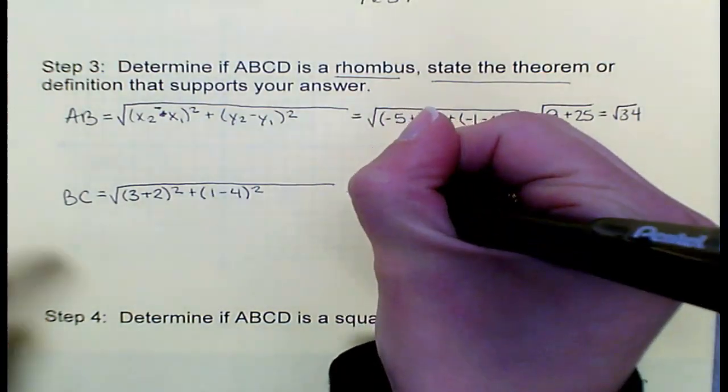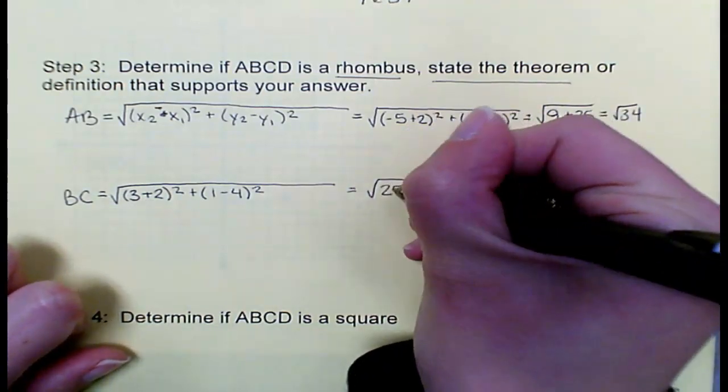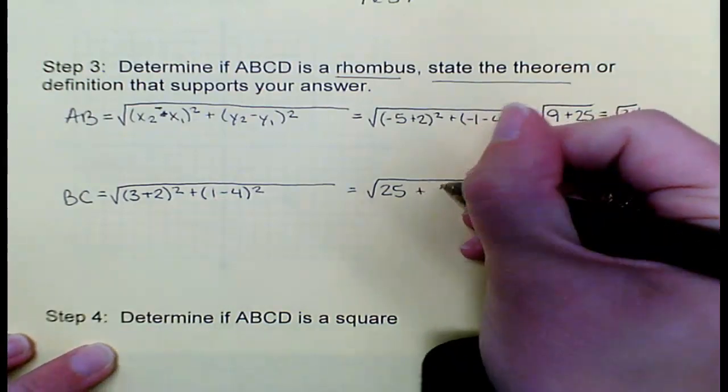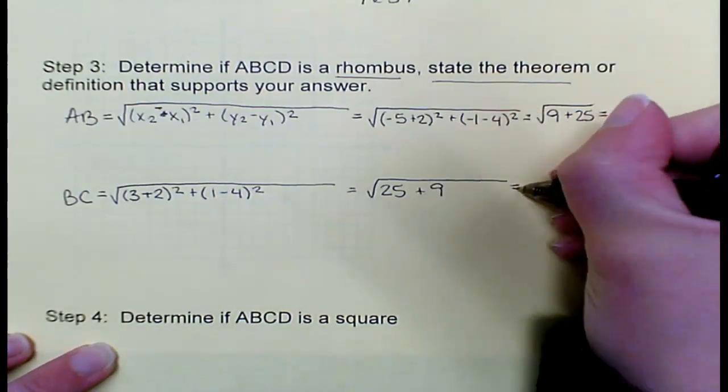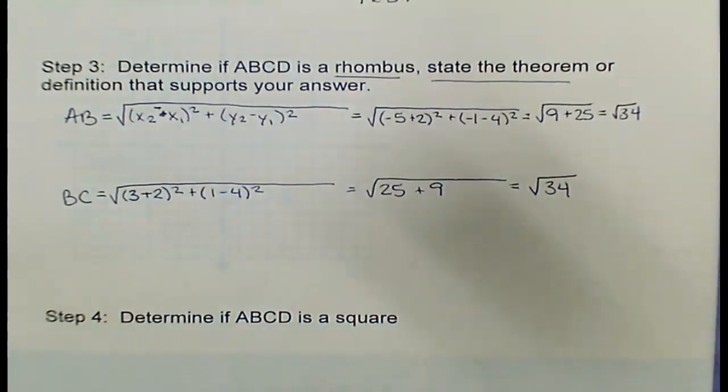That equals 3 plus 2 is 5. 5 squared is 25. 1 minus 4 is -3. -3 squared is 9. And 25 plus 9 is 34. So even if I don't simplify this, I see that AB's distance and BC's distance is the same.